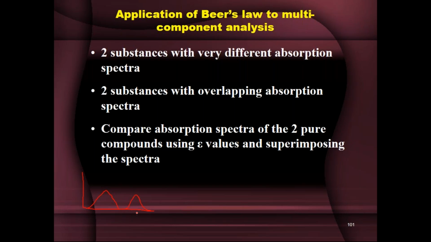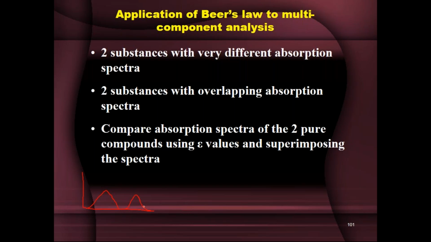You may have tablets where you have paracetamol and nimesulide. Nimesulide is a colored substance, paracetamol is a colorless solution. So paracetamol will absorb in the UV region, whereas nimesulide will absorb in the visible region. So in such cases, you will get spectra like this. And you can choose the lambda max or any wavelength corresponding to this to measure the concentration of the second substance, and you can choose a wavelength at this point to measure the concentration of the first substance.